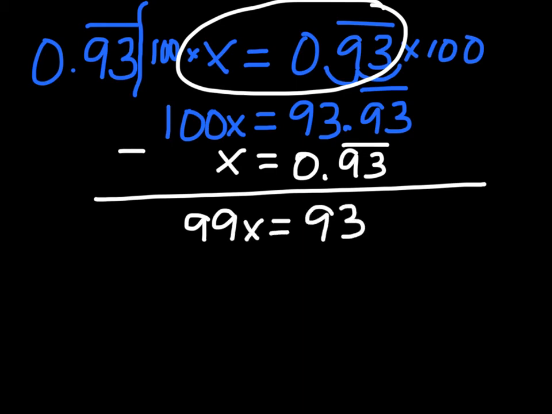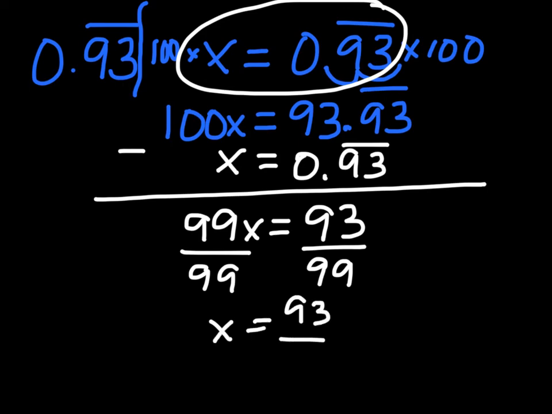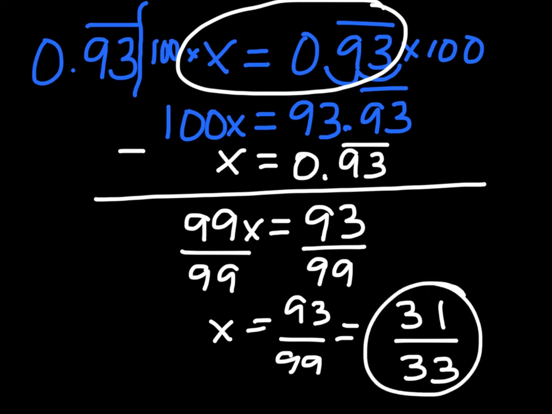See how that works? Now we solve for x by dividing by 99. x equals 93/99, which can be simplified because each of these numbers are divisible by 3 into 31/33. So 0.93 repeating is equal to 31/33.